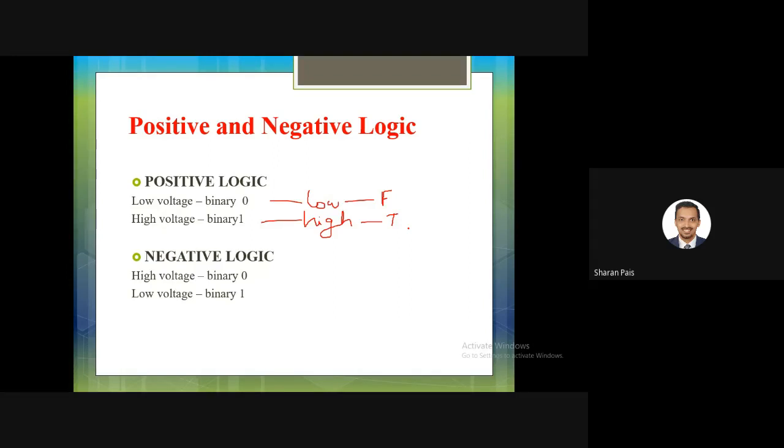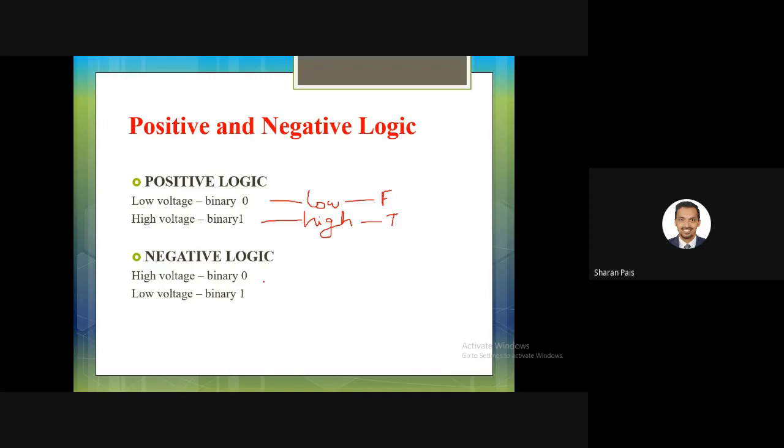Based on the situation, with the same logic gates, OR gate, NAND gate, NOR gate, all the logic gates we have, we can assume the reverse also is possible. That is negative logic, whatever we call. That is based on the situation. In the negative logic, 0 will be considered as high, 1 will be considered as low.